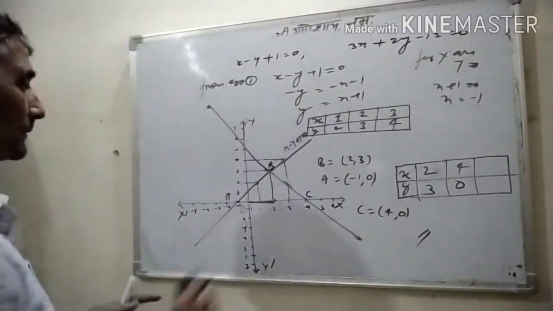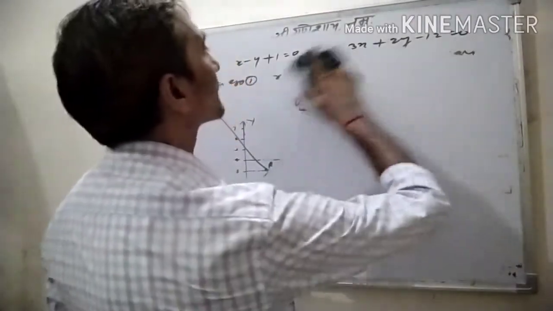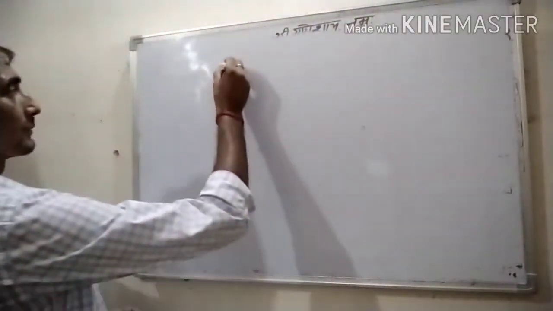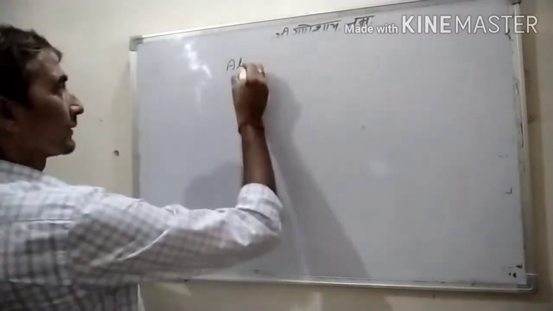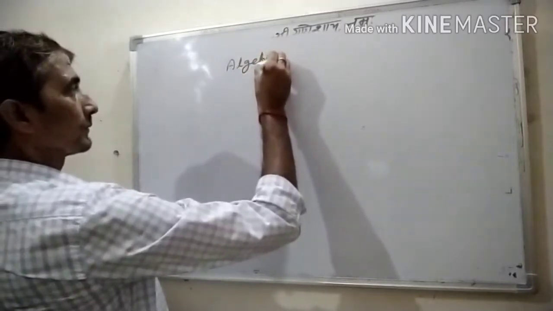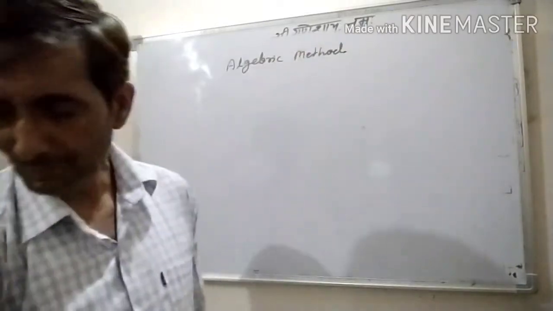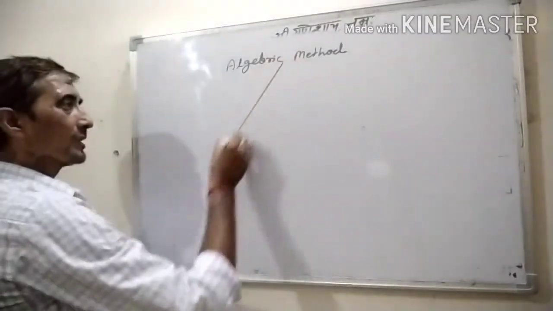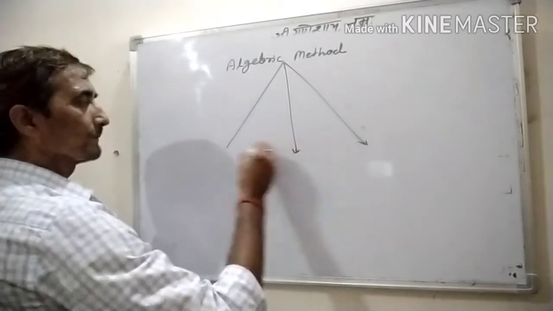In the algebraic method, there are 3 methods you have to study in this chapter. There are 3 algebraic methods by which we can solve the linear equation.